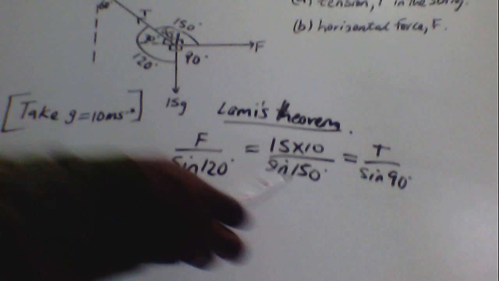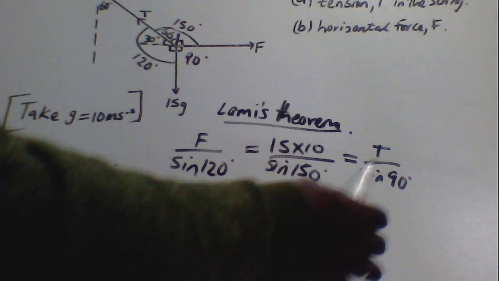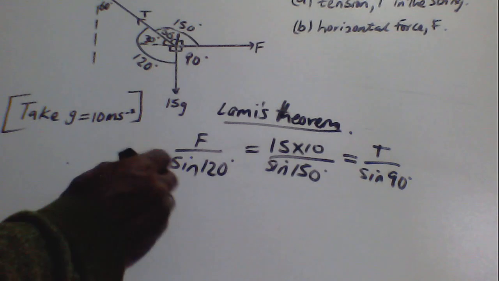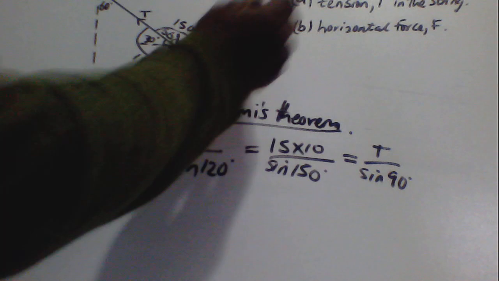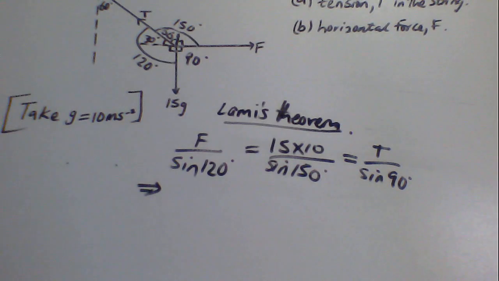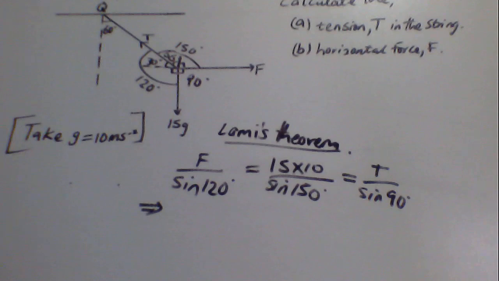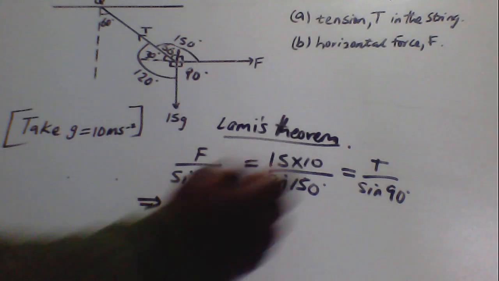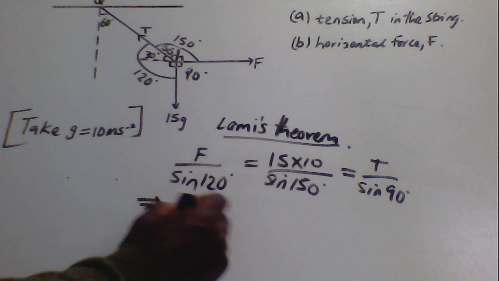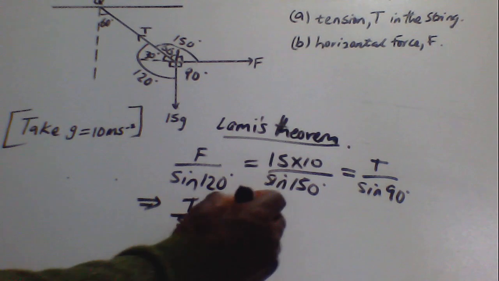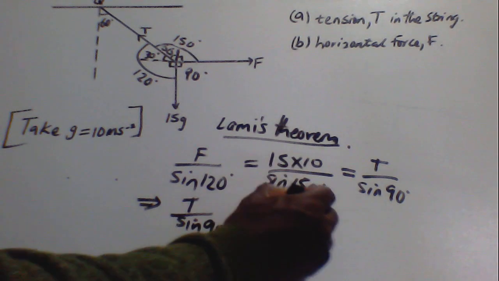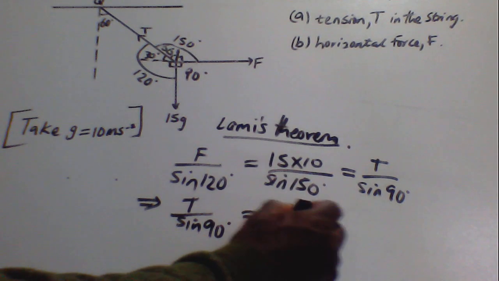So from here, we know one ratio, so let's use it to find the value of T. This is the first question asked: calculate the tension T in the string. Alright, so from here we have T over sine 90 degrees is equal to 150 divided by sine 150.